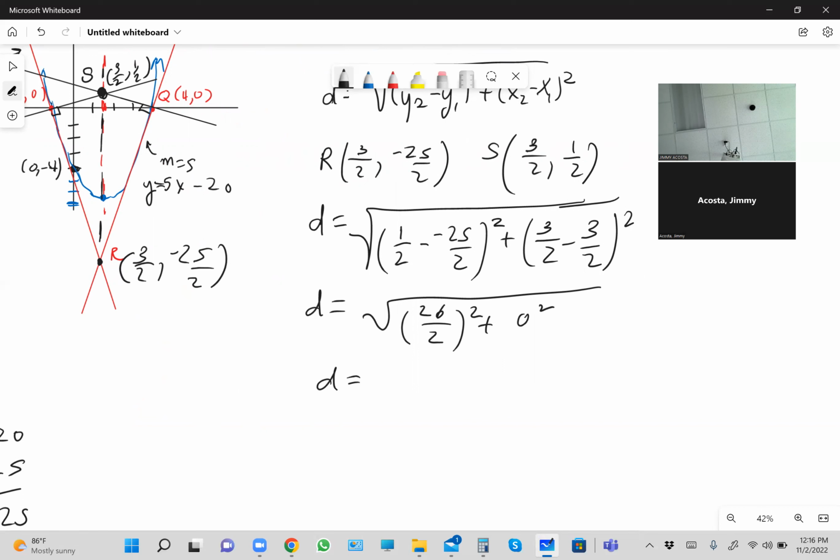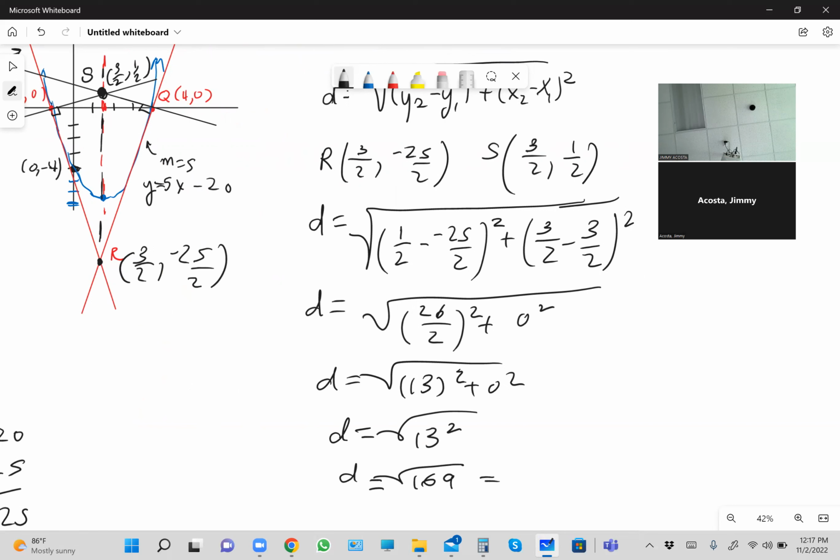And then you have 13 squared plus 0 squared. So that's 13 squared. And then you have the square root of 169. That's 13. Or you could have just counted, if it's vertical or horizontal, half minus -25/2 comes up to 13.